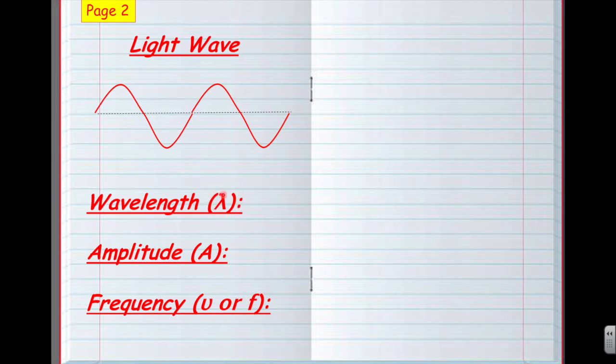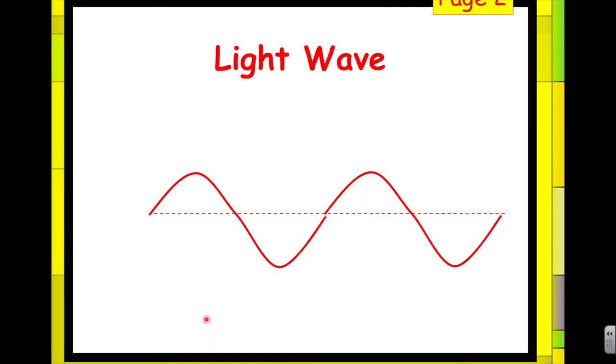Amplitude is an A, but we won't really use the amplitude that much. Frequency is going to be the Greek letter nu, pronounced nu, or f. I will use the Greek letter nu most of the time.